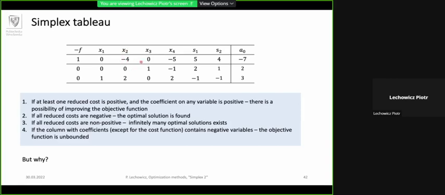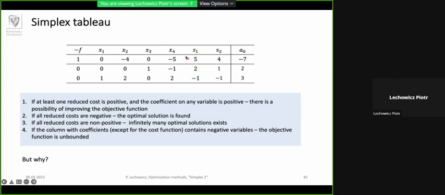If at least one reduced cost is positive, so one of the coefficients in this zero equation, and the coefficient on any variable is positive, so, for example, here we have a column with a positive reduced cost, and we have a positive coefficient in the first equality, it is possible to improve the objective function by introducing this variable instead of x3 to the base.